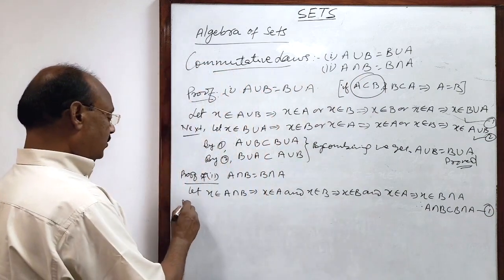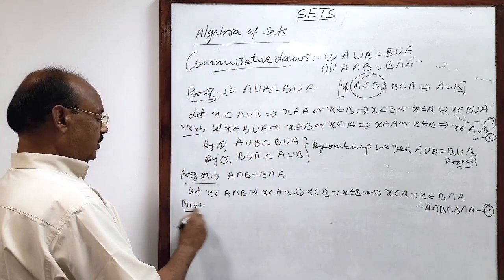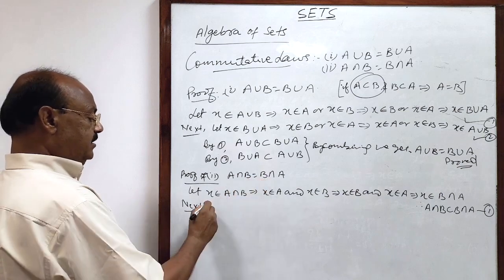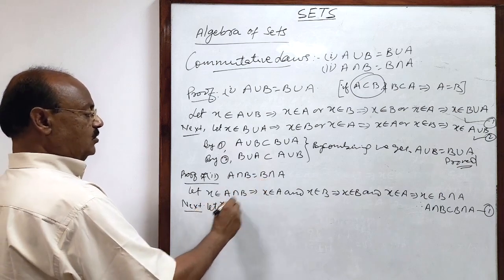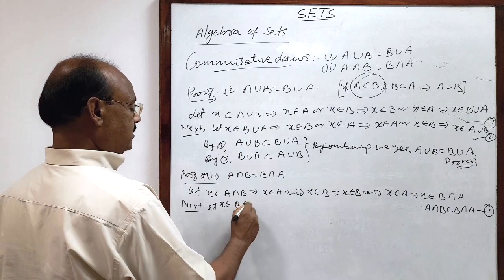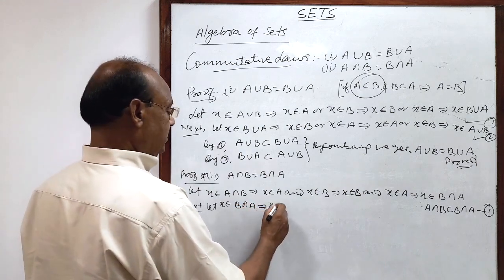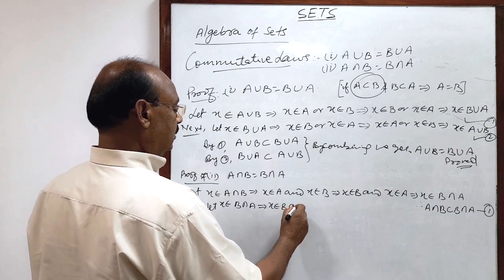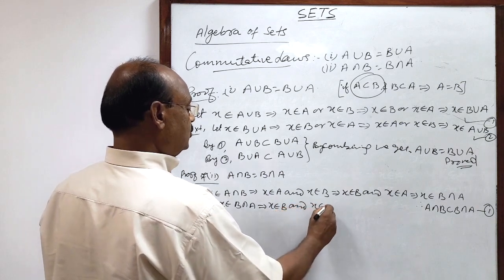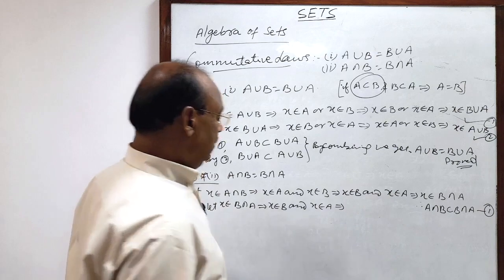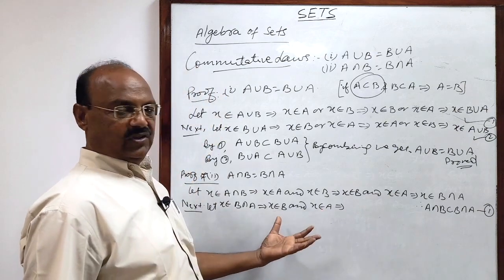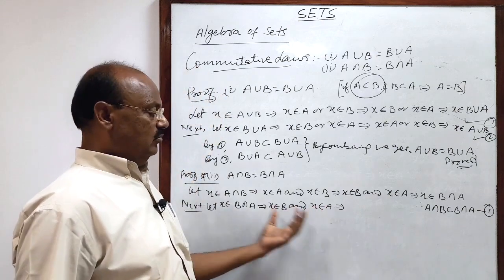Now we will follow the next process and start from the right hand side. Let X belong to B intersection A. Here we will write, it means X belongs to B and X belongs to A. Again we can reverse the order, the same statement but with the order changed.